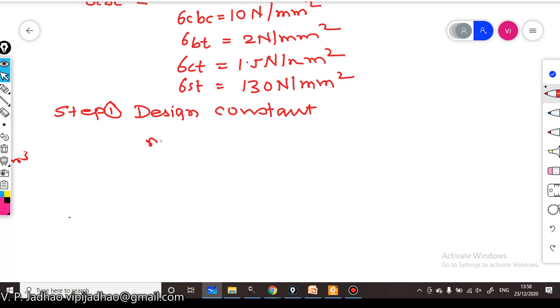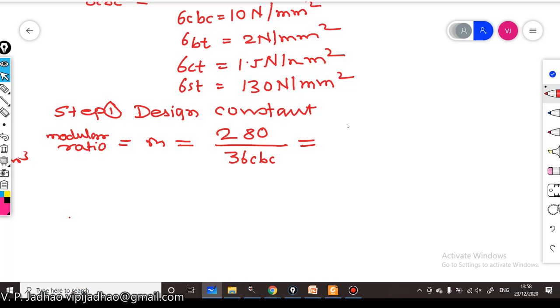The first one is modular ratio m. The formula for calculating modular ratio is m equal to 280 divided by 3 sigma CBC. This formula is given in IS 456.